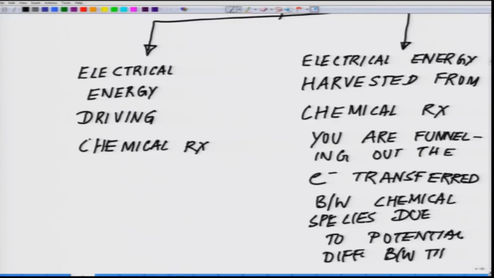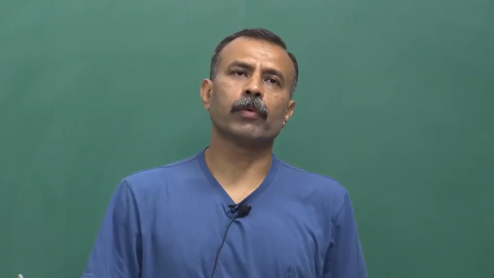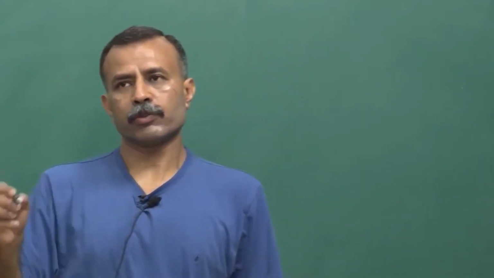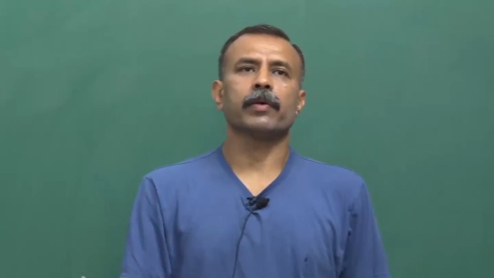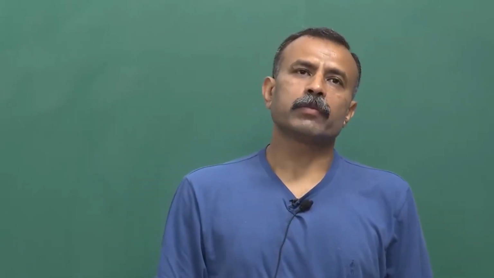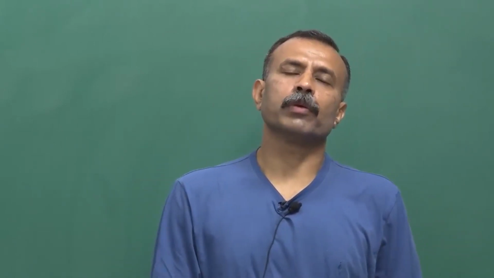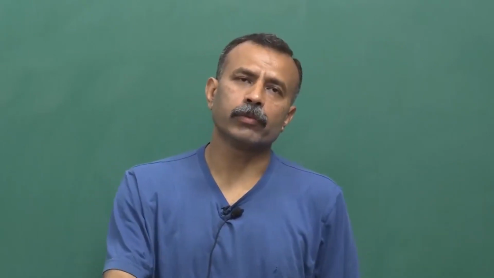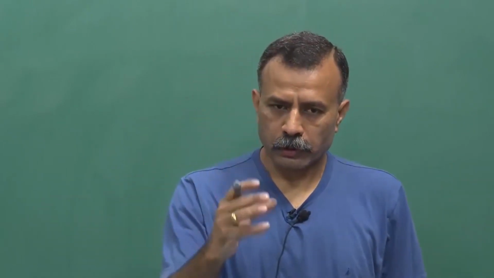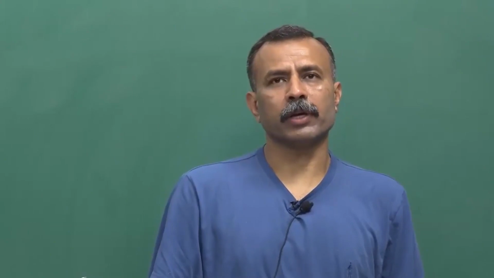If you remember, in the last class we talked about why an electron should flow from a species A to species B, or point A to point B. The flow takes place because of the potential difference, or in other words, the energy function of that particular material.